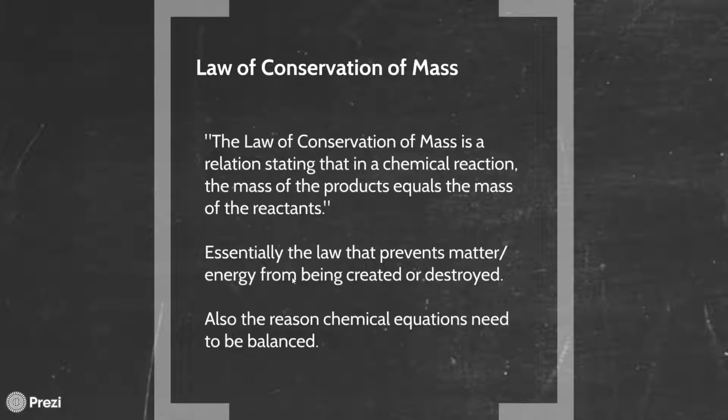They can only be transformed from one thing to another. In chemistry, we usually think about it as atoms can't be destroyed. They just go from one type of compound or element to another type of compound, or they go into their single element form.